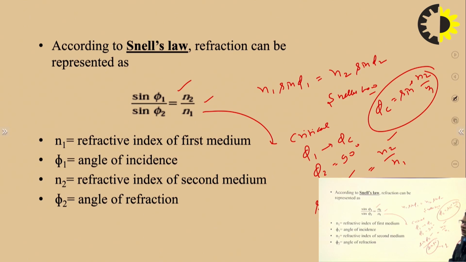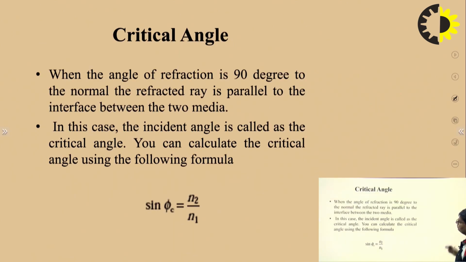So in this way we can calculate the value of critical angle which is required for the propagation of light inside the optical fiber cable using the working principle of total internal reflection. That we have calculated in the previous slide. The value of critical angle we can calculate using Snell's law.